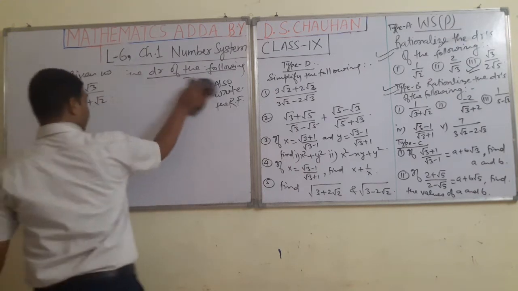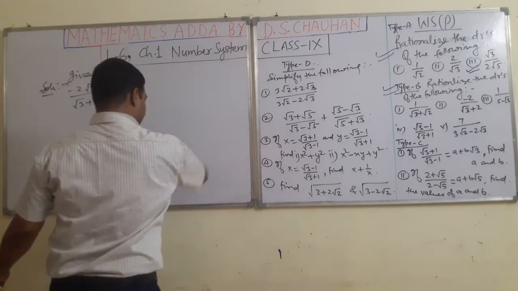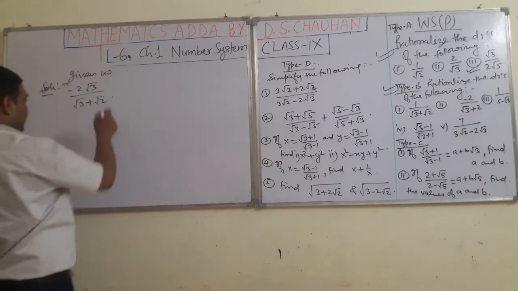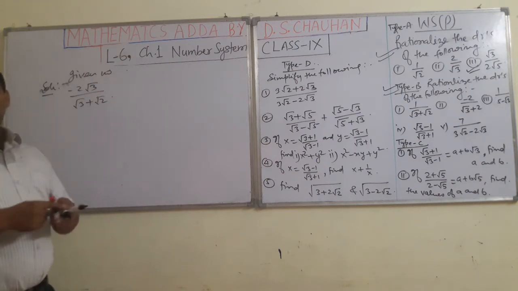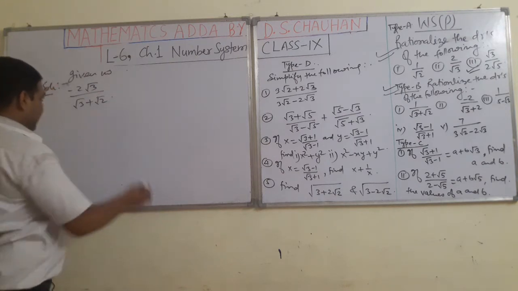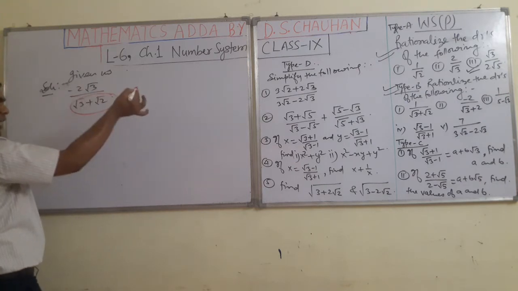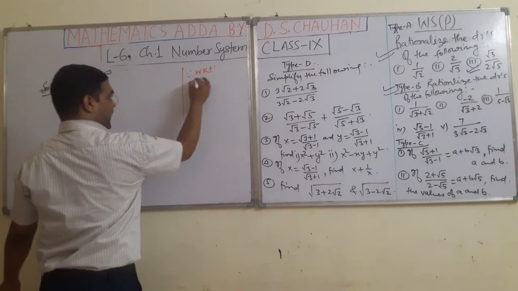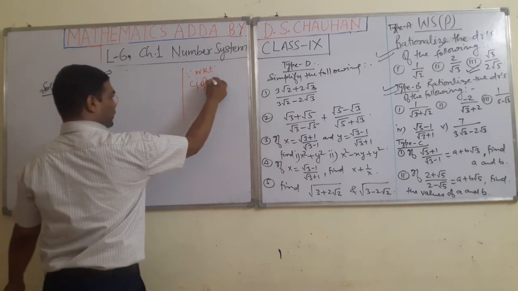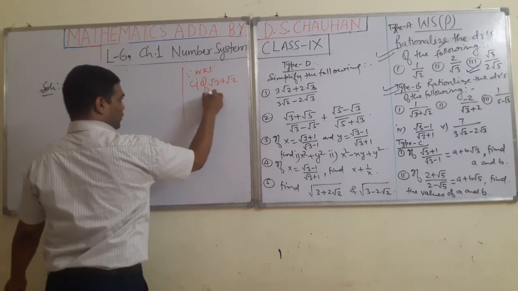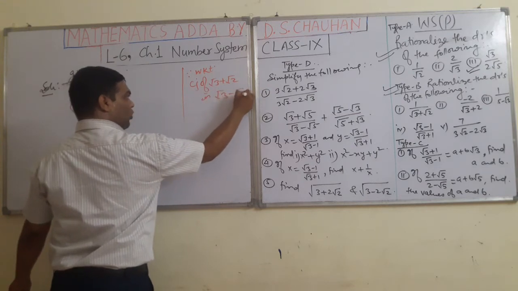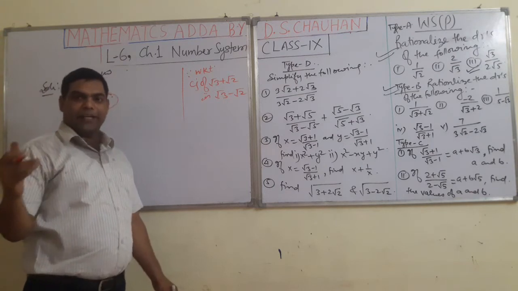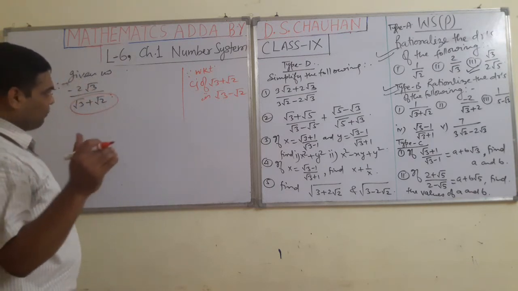See students, how to do. Telling you easily. Try to understand. So how will we proceed? Now we will proceed with the help of the conjugate of this denominator. What will be the conjugate? Since we know that the conjugate of root 3 plus under root 2 is under root 3 minus under root 2, because I have told you that the conjugate of under root a plus under root b is under root a minus under root b.